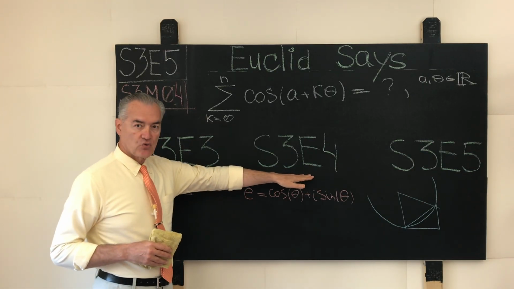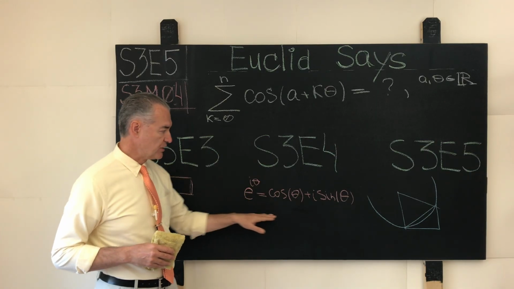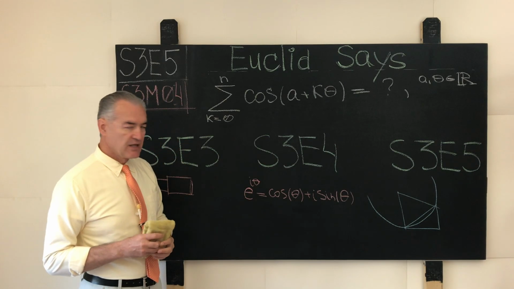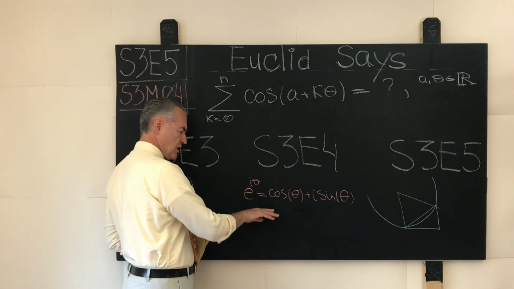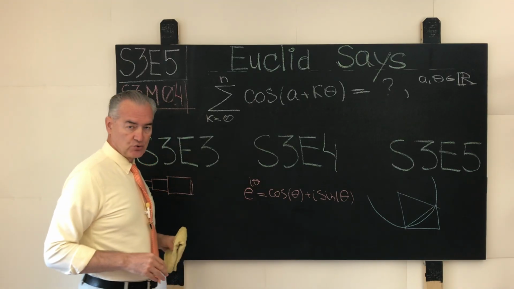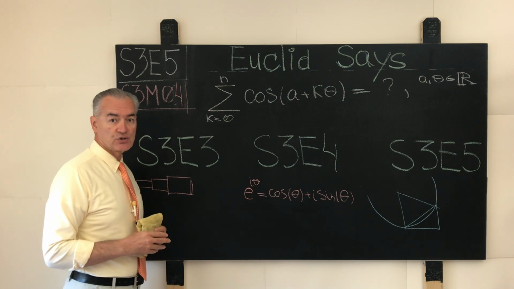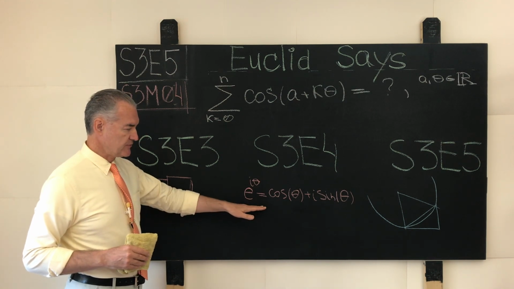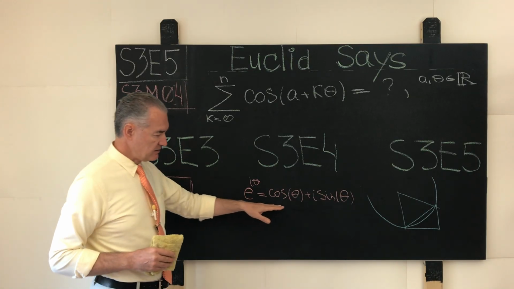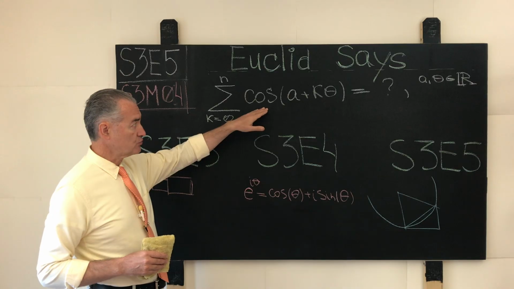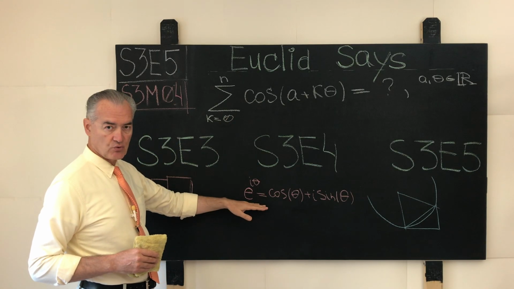In season 3 episode 4, we use the basic arithmetic of complex numbers shown over here. This is the wonderful identity that combines three functions in one neat package. This identity is due to a Swiss-born mathematician, Leonhard Euler, who published this result, if I'm not mistaken, in 1748. And we take this idea through and show how to fold this sum in terms of complex numbers shown over here.